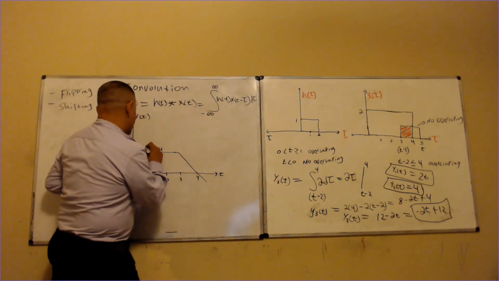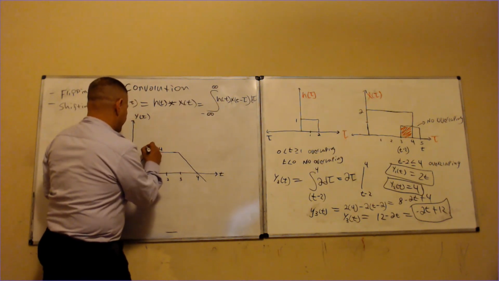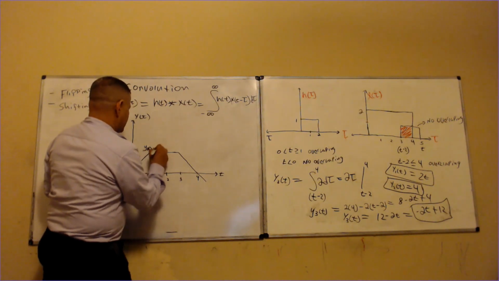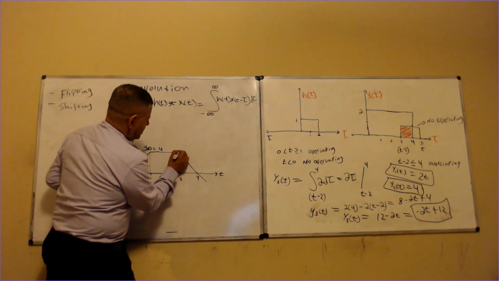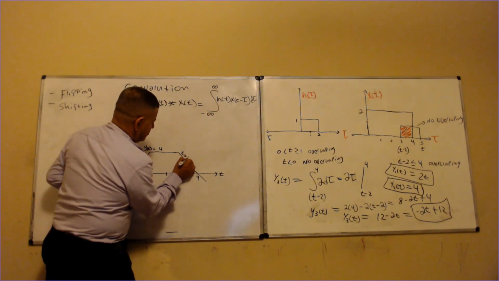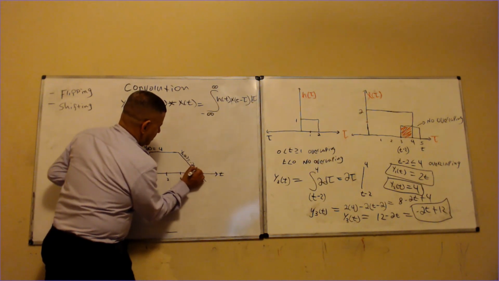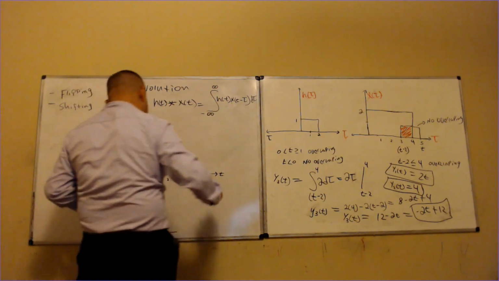This is y of 2t. Right? And this is y of 3t, which is negative 2t plus 12. So it's a negative, right?